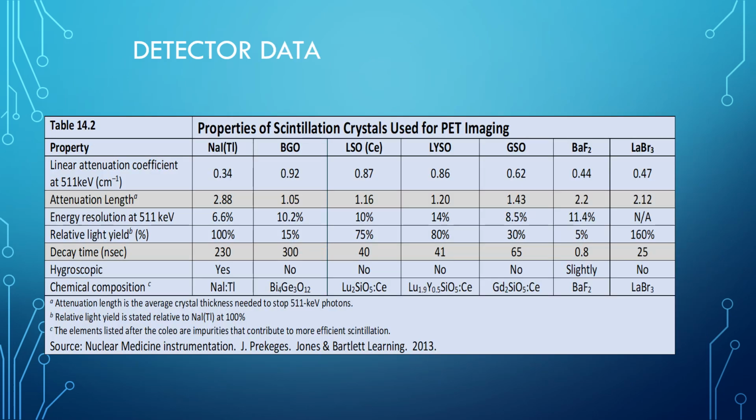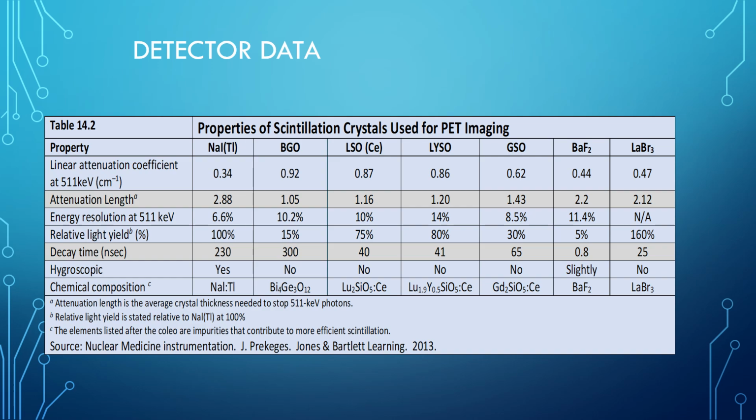And this is the detector efficiency, or the properties of different detector types. The linear attenuation coefficient, of course, the higher the number, the better. So you see sodium iodide thallium is just not good enough for PET. It's not dense enough or thick enough. The GSO was fairly low as well, but you see the BGO, the LSO, and the LYSO are a lot better.